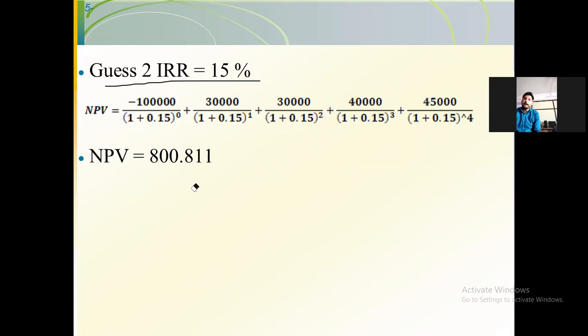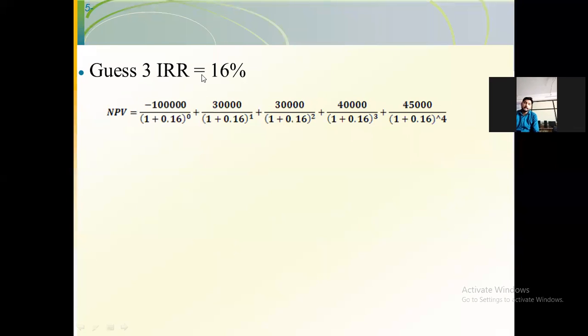We are trying to reach NPV equal to 0 by considering the guess of internal rate of return. So here I have considered the 16%. You can consider 15.5 or 15.6 or directly 15.3, and then you have to calculate the NPV.